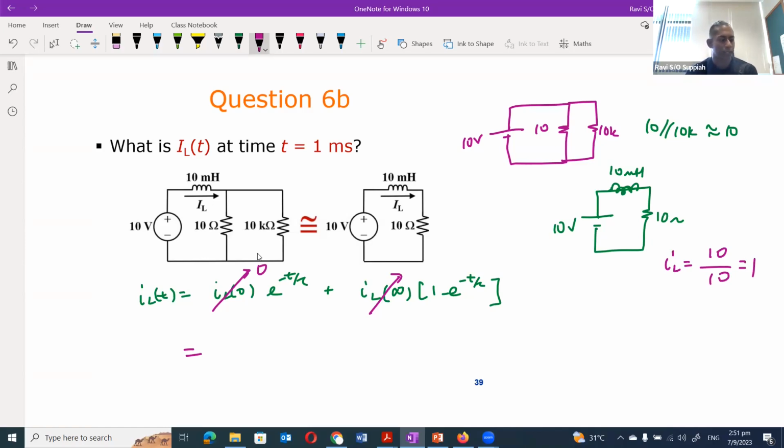So this current IL will be equal to 1 minus e to the minus t by tau, and the tau in this case will be L by R, which is 10 milli over 10, which will be 1 millisecond.